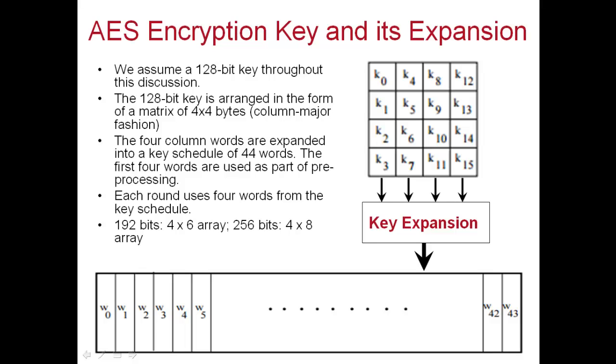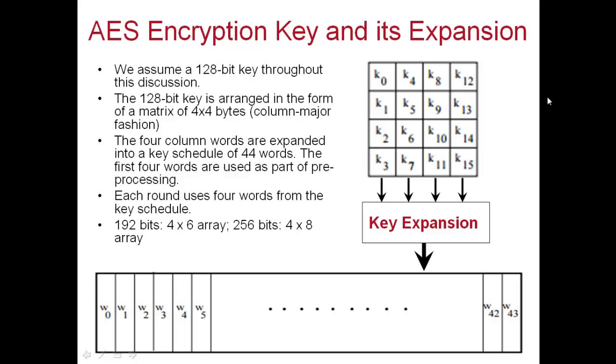If you use a 192-bit key, it's arranged as a 4 by 6 array, which means 4 rows and 6 columns. And a 256-bit key is arranged as a 4 by 8 array, which means 4 rows and 8 columns.